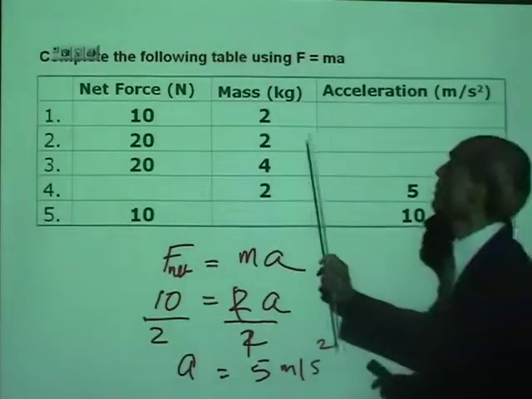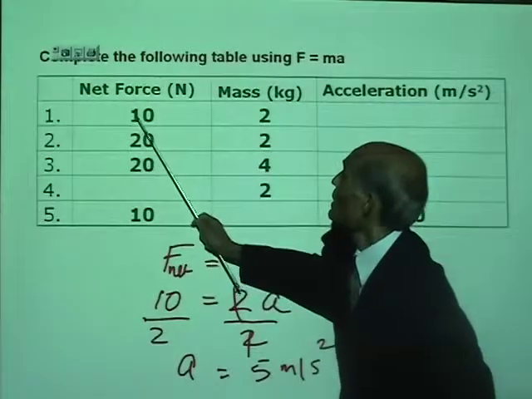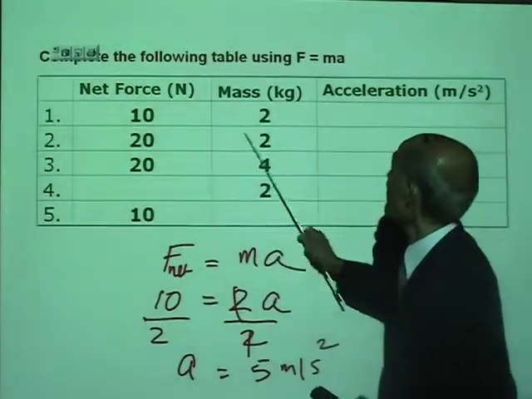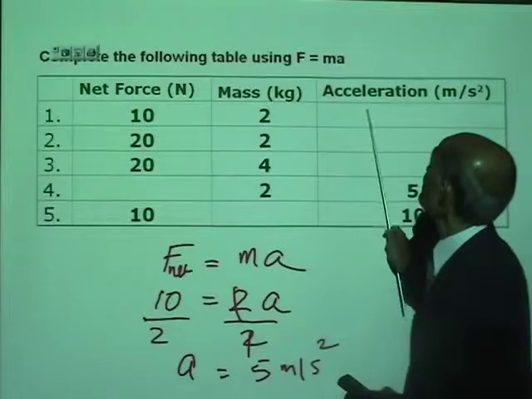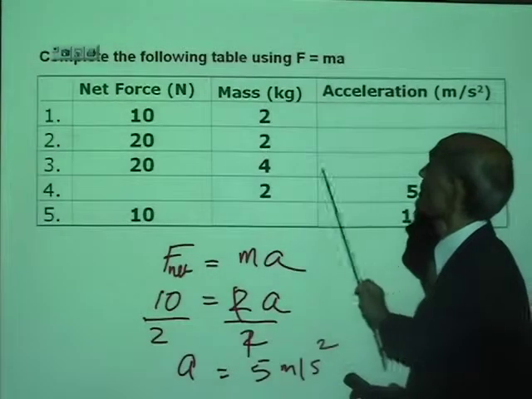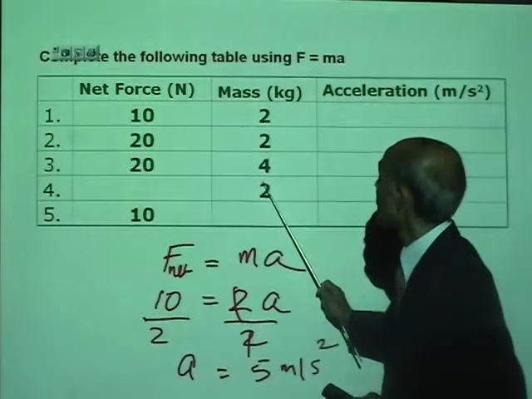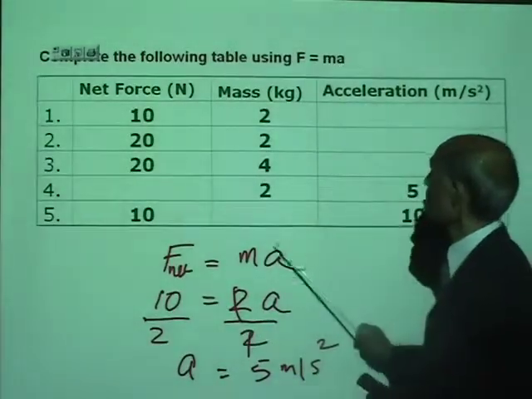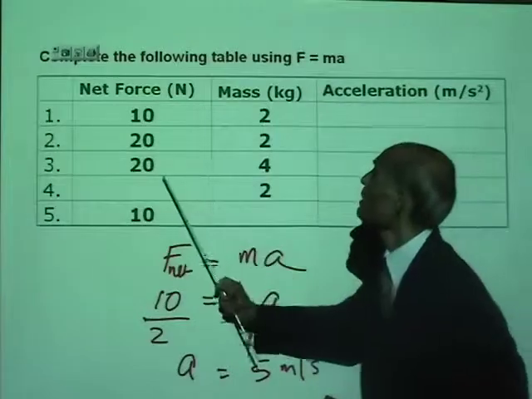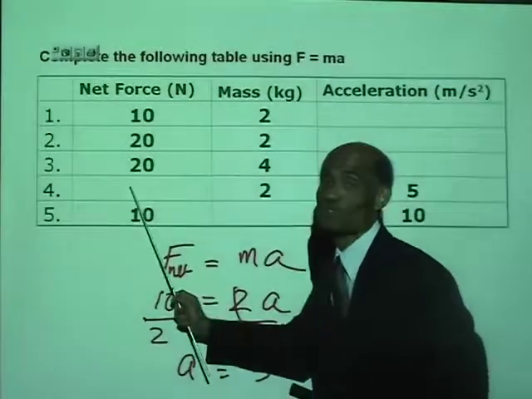Okay, so I want you to complete each of these. In the first 3, I want you to find the acceleration. In the fourth one, I have given you the mass and the acceleration, find the net force.